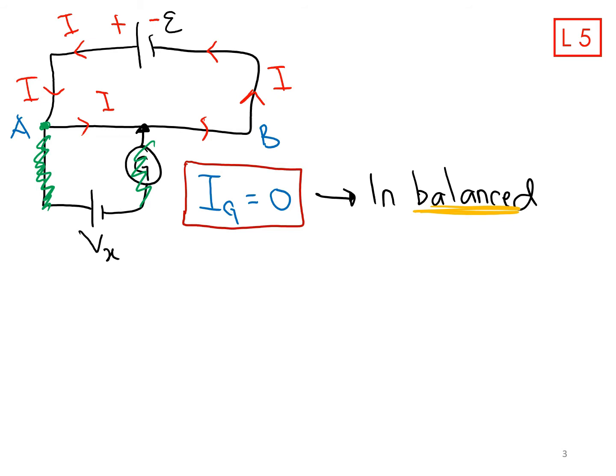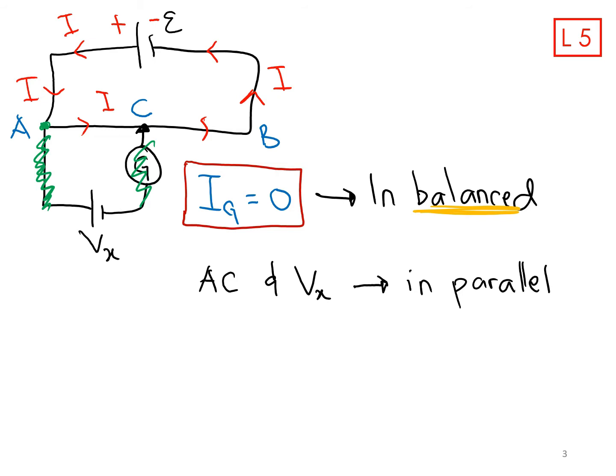Then I label the jockey point as the point C. Look at the point A to C. A to C and also Vx, your lower battery, it is in parallel.